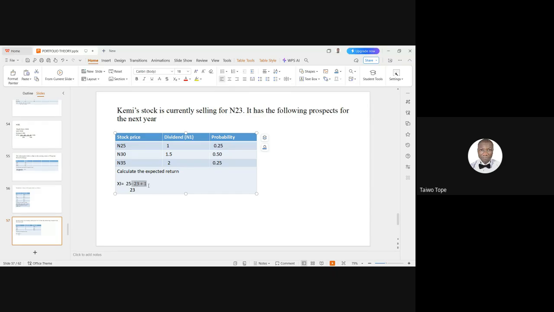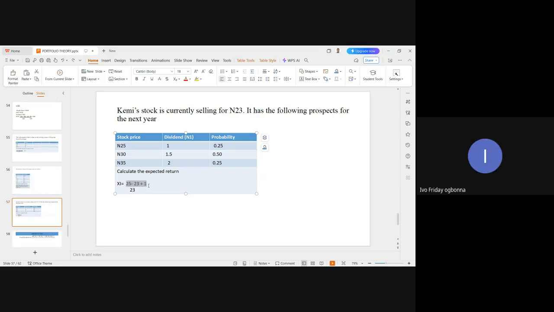So what will be your return? 13%, that is 0.13. Your return, rather, not the expected return yet.